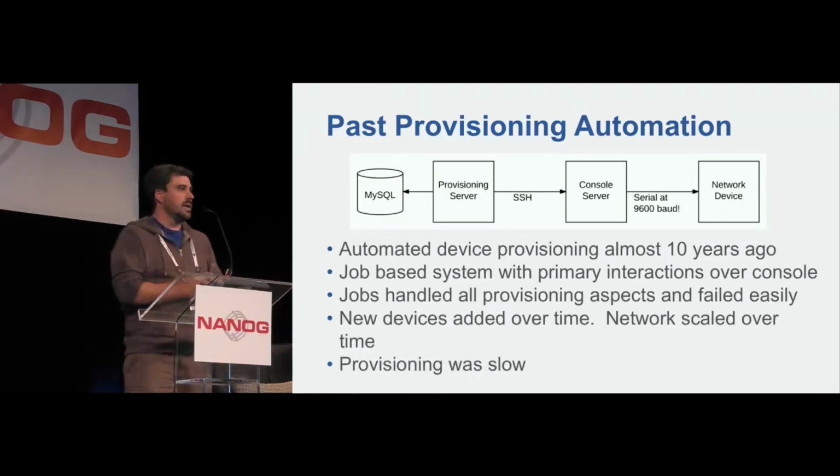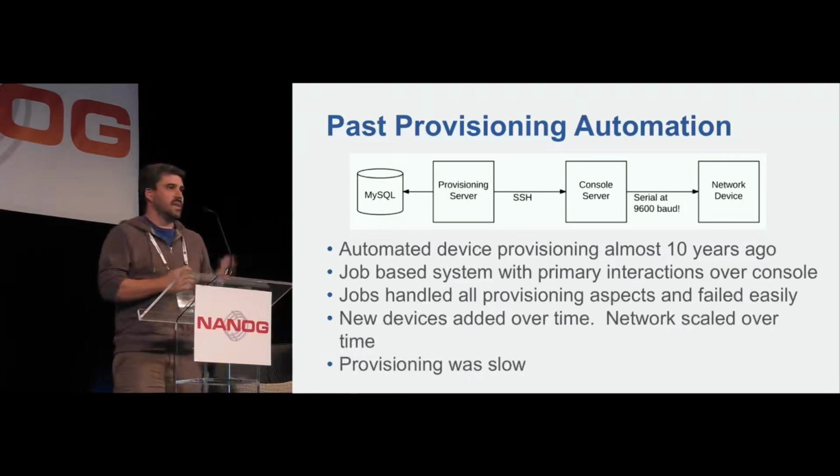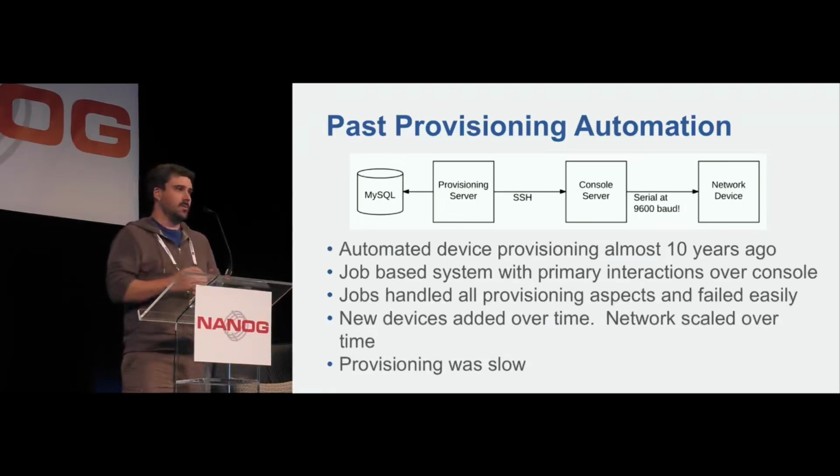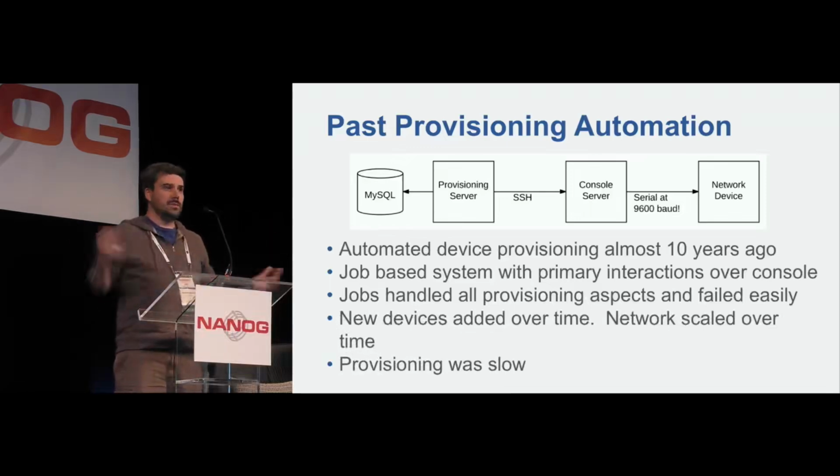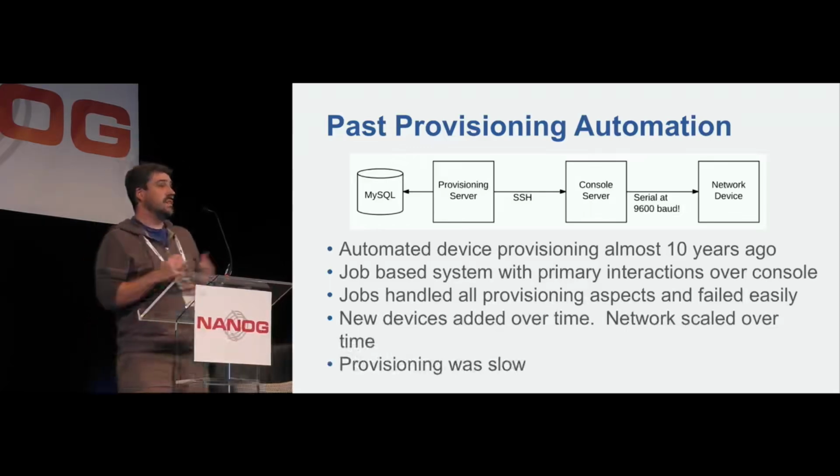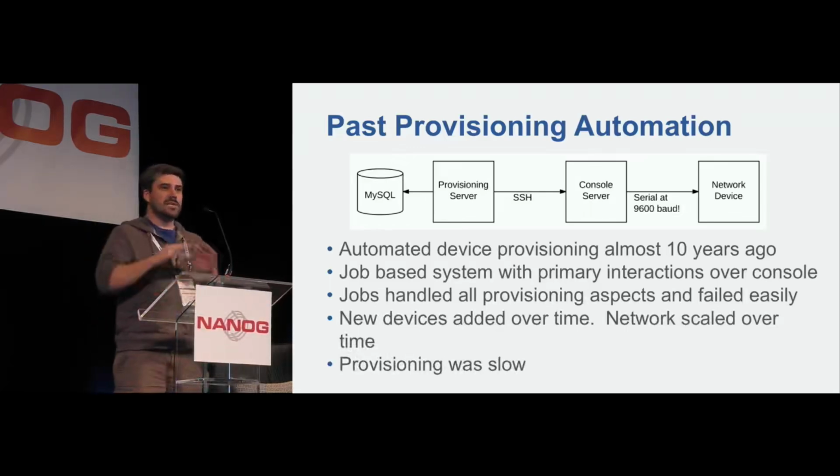The other thing that we ran into is, as we designed the system, it was designed to handle only top-of-rack devices initially. And that worked so well, we started adding in fabric devices. And that worked so well, we started adding in backbone routers. You can imagine that if you have this code base that started off as something really small that wasn't planned to be extended to the extent that it was, there's conditionals spread all over it. You'd make one change over here, and it would break something over here.